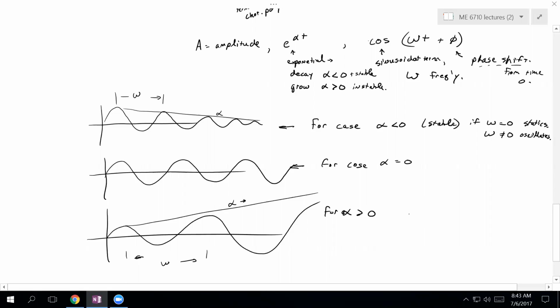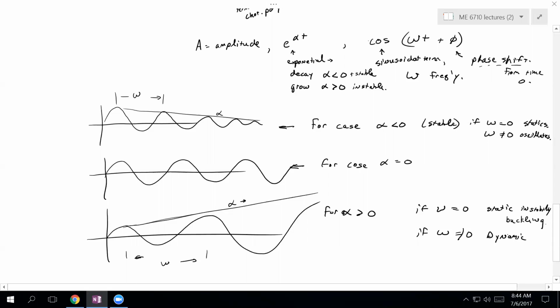With alpha greater than 0, if omega equals 0, then I just get, again, a static, what we sometimes would call static instability. The term would really just follow this line. This shows up in certain problems. Sometimes it's called buckling or other things where we have static instability. If omega is not equal to 0, then we sometimes call this dynamic instability.